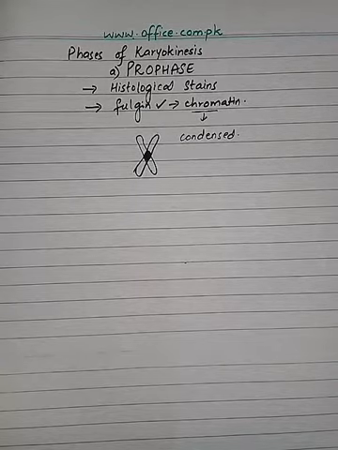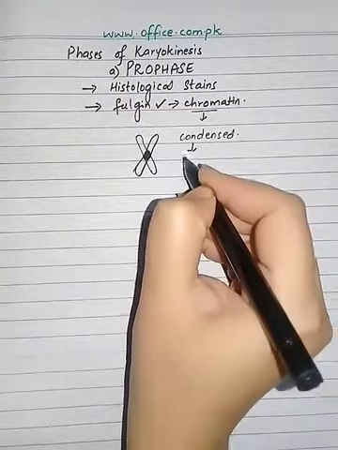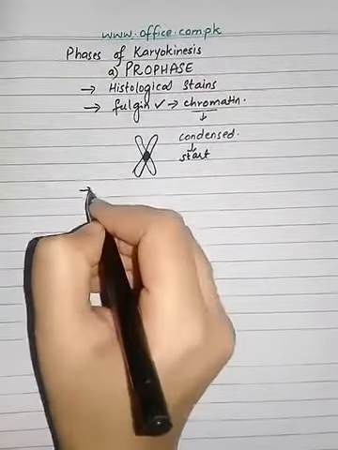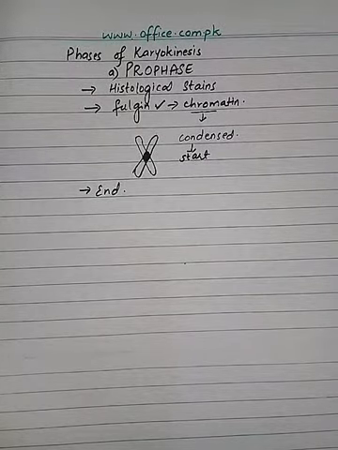Now this whole condensation is occurring at the start of prophase. Towards the end of prophase, the nuclear envelope disappears.